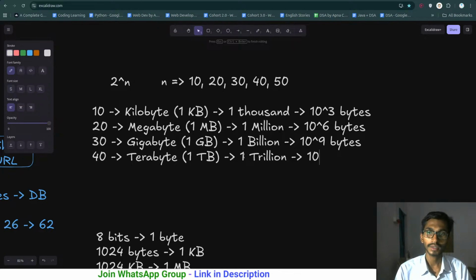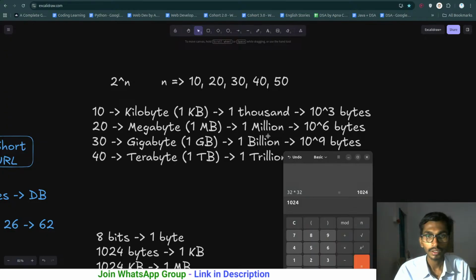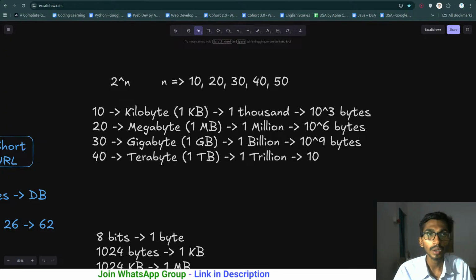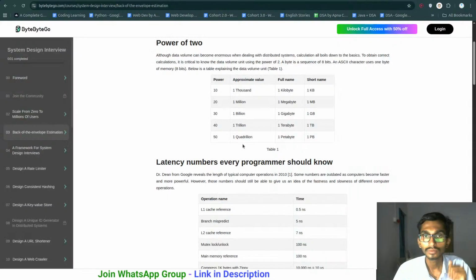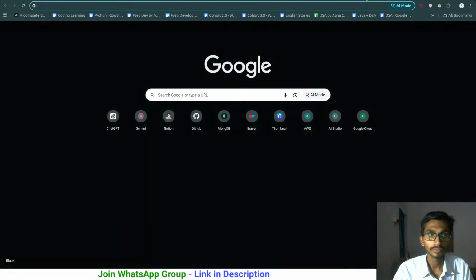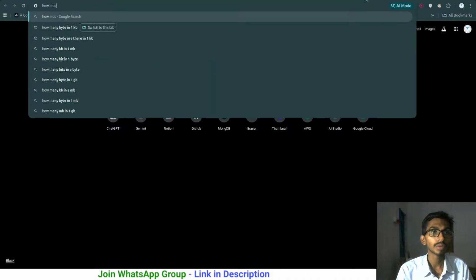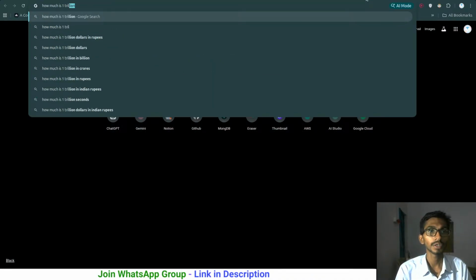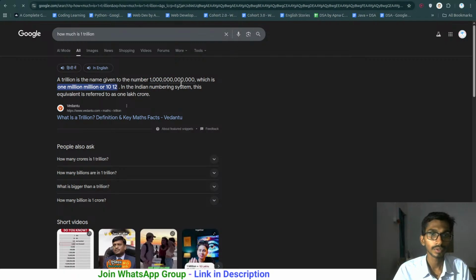How much is 1 trillion? 10 to the power how much? Calculate it now: 1 2 3 4 5 6 7 8 9 10 11 12.